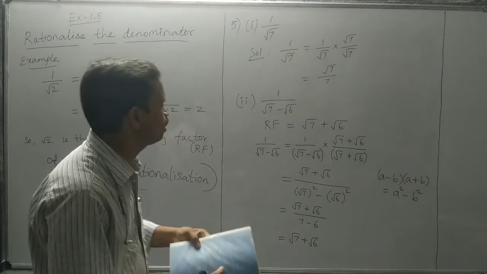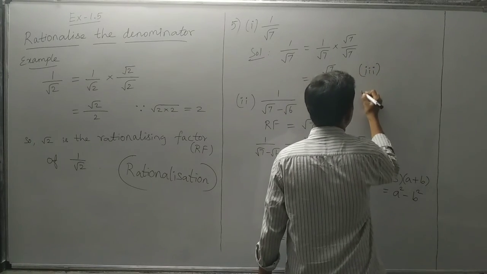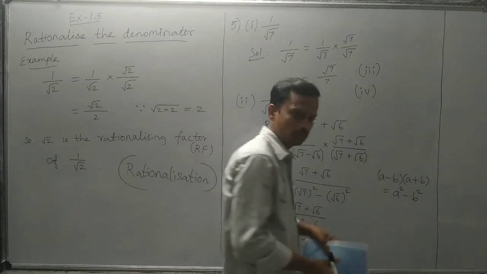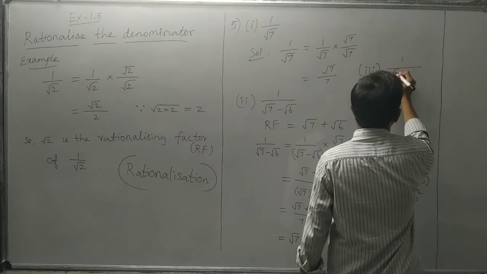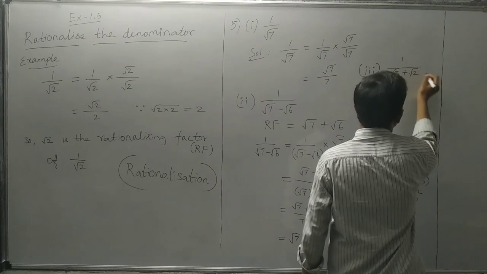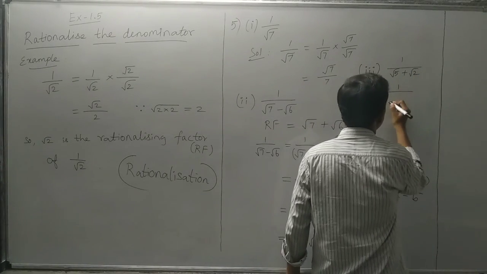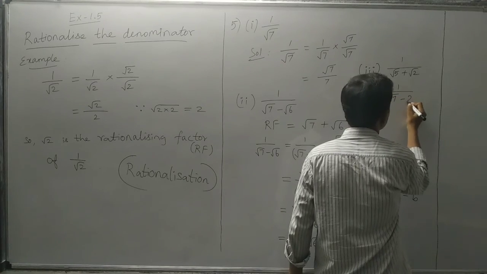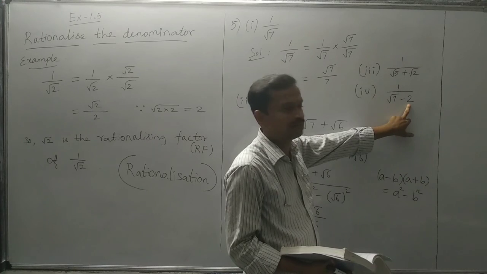And you take it as a formula. I will write down here option 3, option 4. 1 by root 5 plus root 2 and then 1 by root 7 minus 2. You have to be careful here.